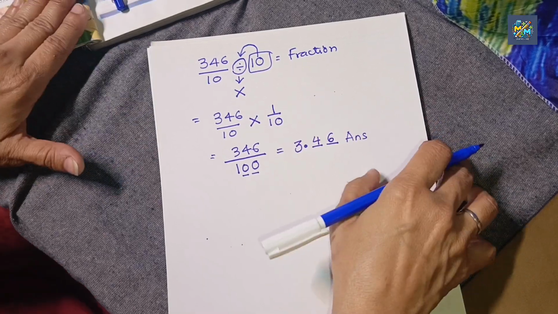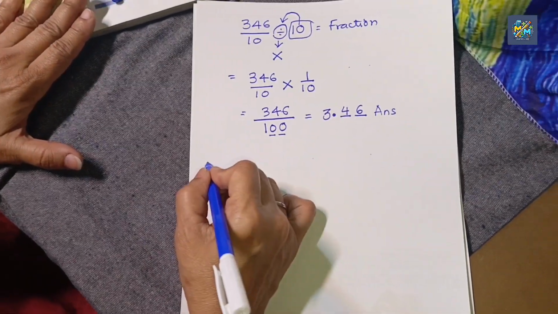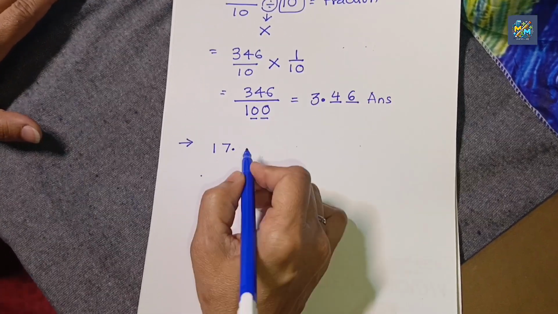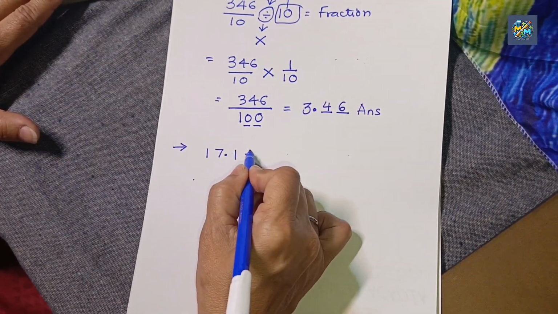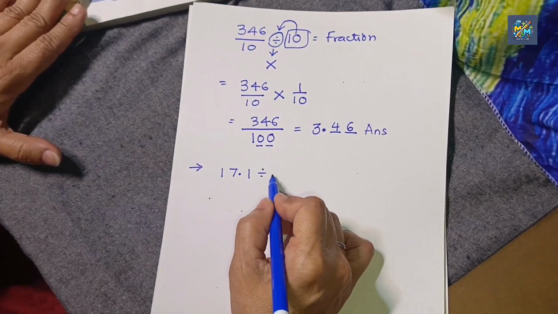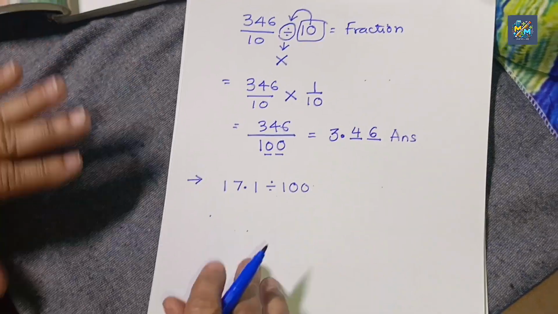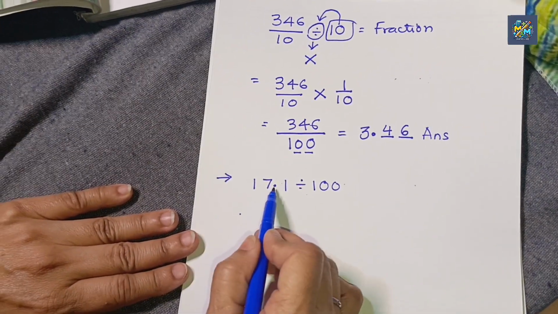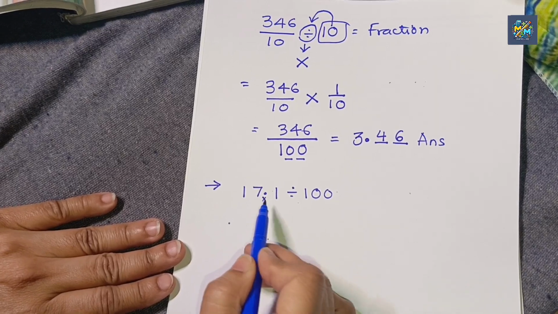Now there are some more sums like this. These are getting a bit, not difficult, but you have to focus and understand. So my next question is 17.1 divided by 100. So how am I going to do this? My first step is I will be eradicating this decimal.